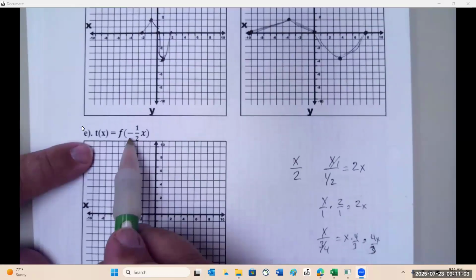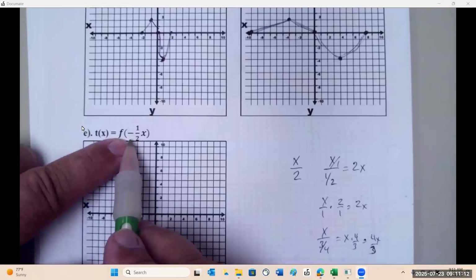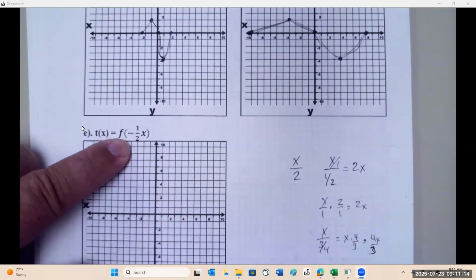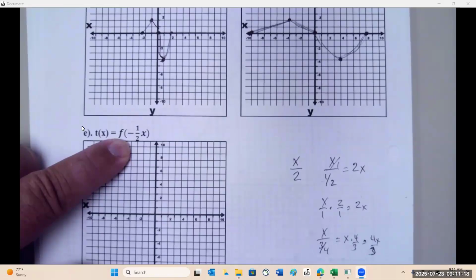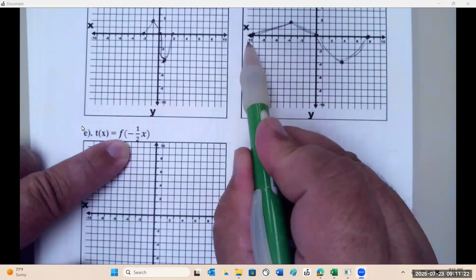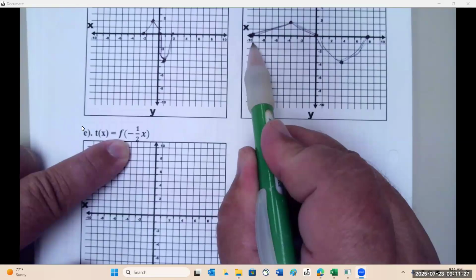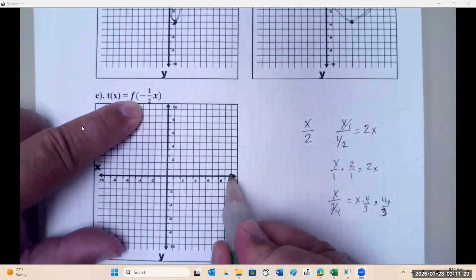Now, what does the negative make me do? The negative is a horizontal reflection. I now flip it across the y-axis. Or another way: I take all the X values and change the signs. So -10, 0 becomes positive 10, 0.